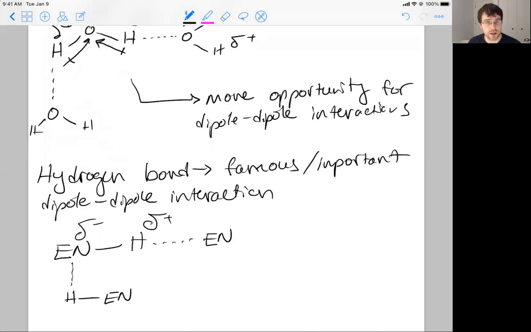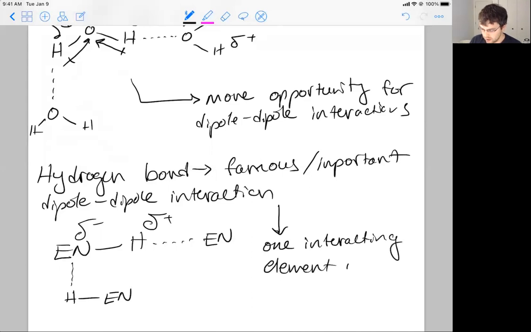So when one of the elements that's interacting in a dipole-dipole interaction is hydrogen, we just call it a hydrogen bond because it's so important. And we'll talk about these more when we talk about soap.